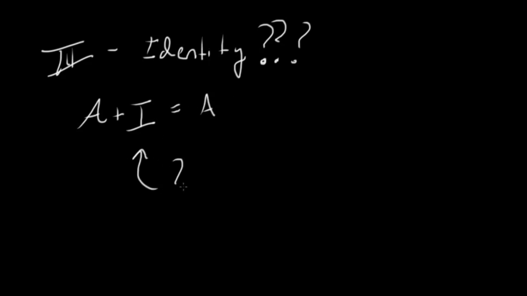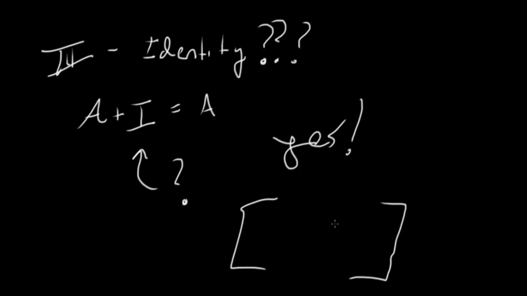What is this matrix I? Obviously, yes, we have the 0 matrix, just tons and tons of zeros. This is our identity for addition. Cool.